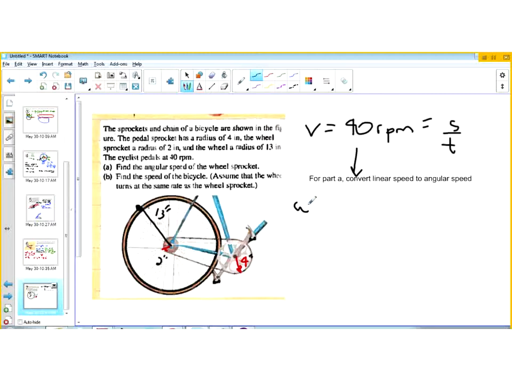So we have angular speed now, which is omega, and the formula is that will be linear speed divided by the radius of the sprocket.